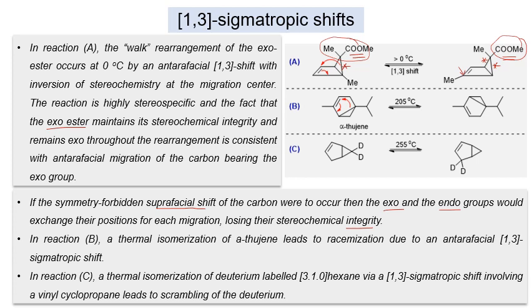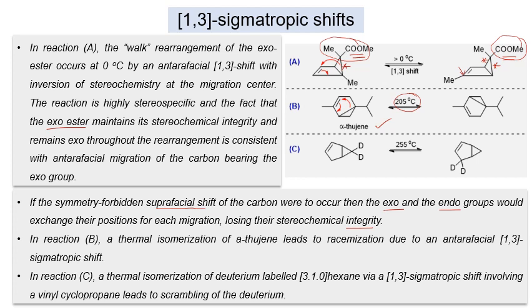In the second example, this is a chiral starting material which racemizes at this particular temperature. So you can see both of these are mirror images of each other. Why does this happen?